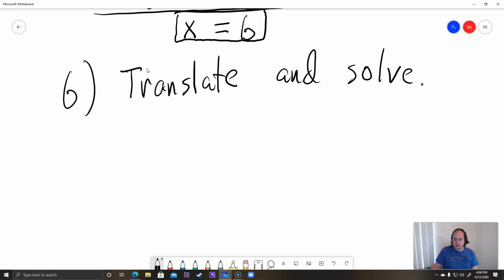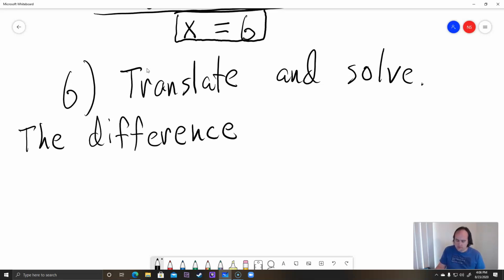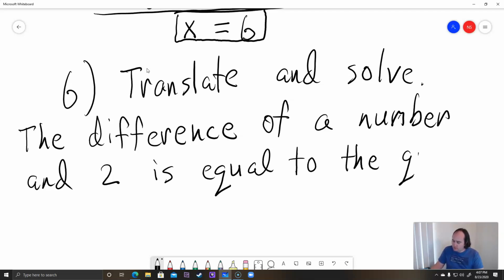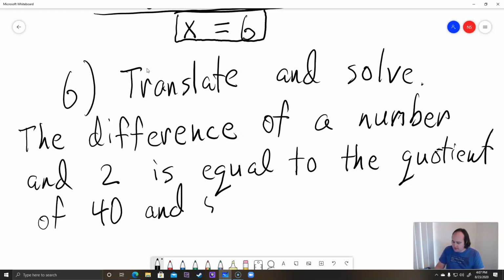Okay, and here our sentence is: the difference of a number and 2 is equal to the quotient of 40 and 5.